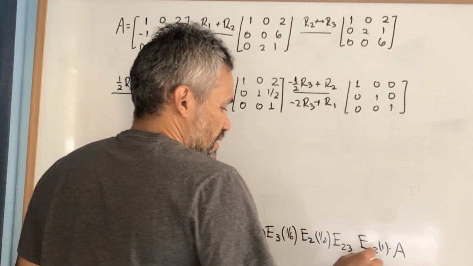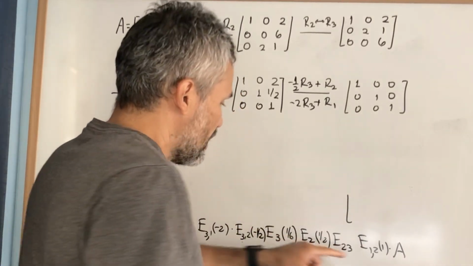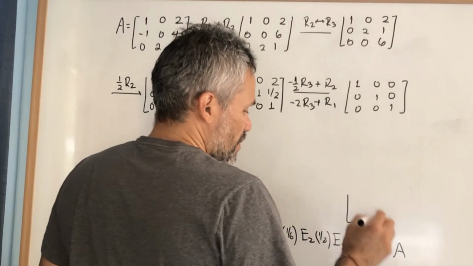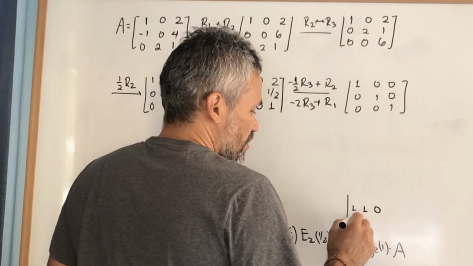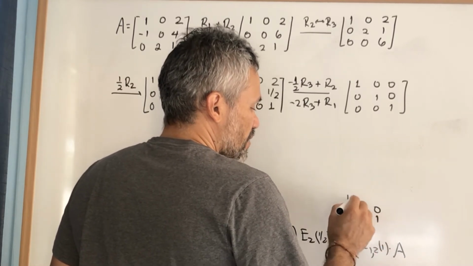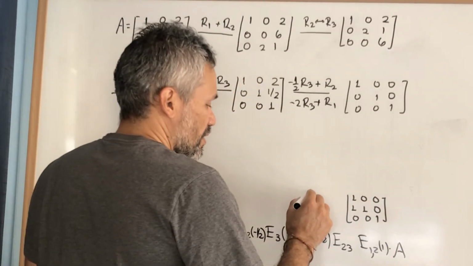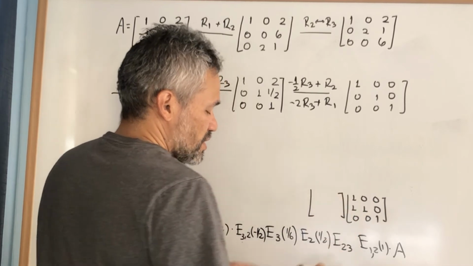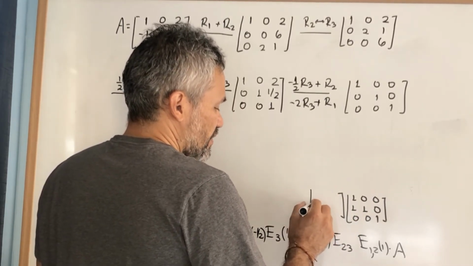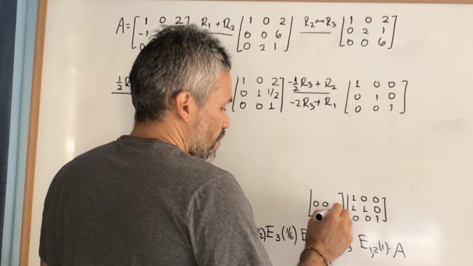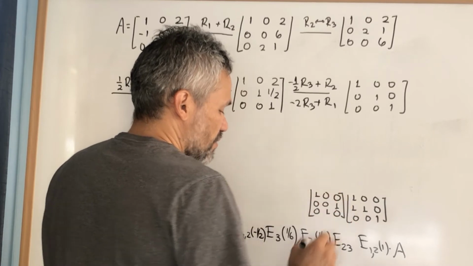E23, sorry, this is E121. We are changing the second row by adding row 1. Then this is 1, 1, 0, 0, 0, 1, 1, 0, 0. Let's do E23. We're changing two rows, the second and the third. Then we have 0, 0, 1, 0, 1, 0, 1, 0, 0.